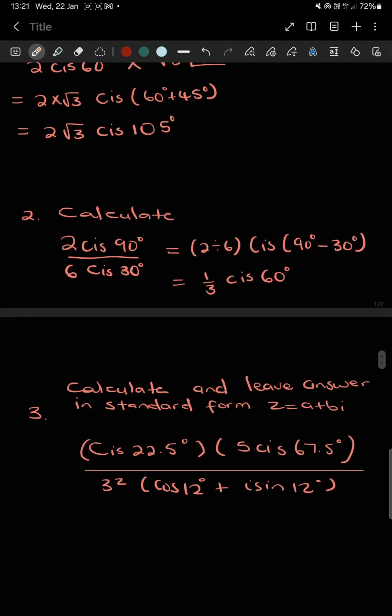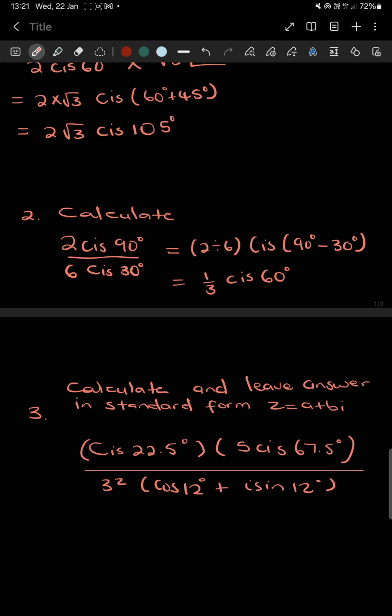Now let's see how they can try to make it complicated, try to make our life hard, but we got this. Okay, let's see. 1 cis 22,5 degrees times 5 cis 67,5 degrees over the bottom there. The first one, they are both in polar form, and we can see that we are multiplying. So we use our first theorem.